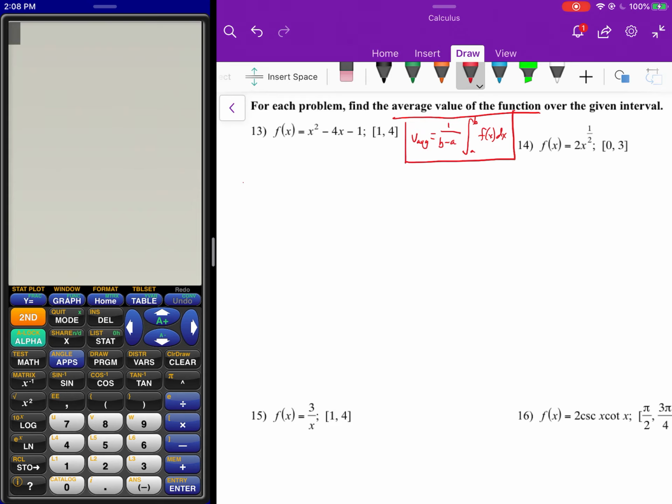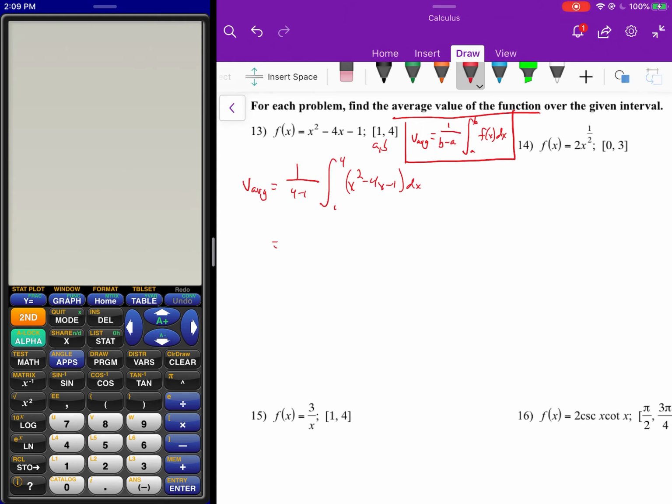So for this one, our average value is 1 over b minus a. Well, so this is 4 minus 1, which is obviously 3, of the integral from 1 to 4 of x squared minus 4x minus 1 dx. And we can go ahead and plug that in.